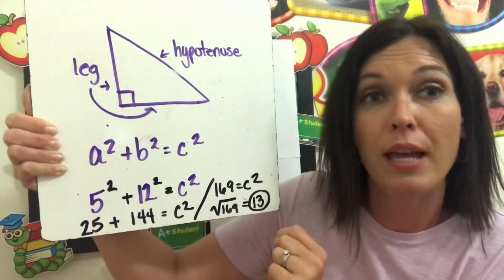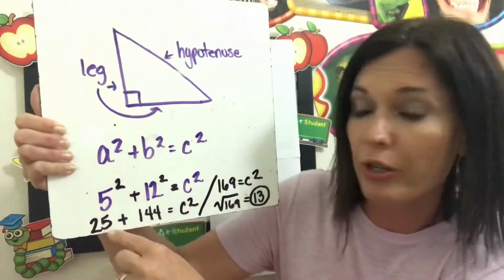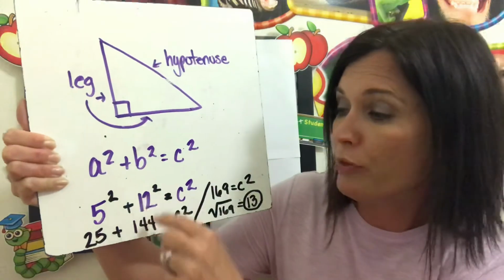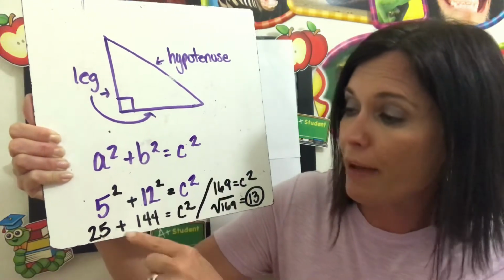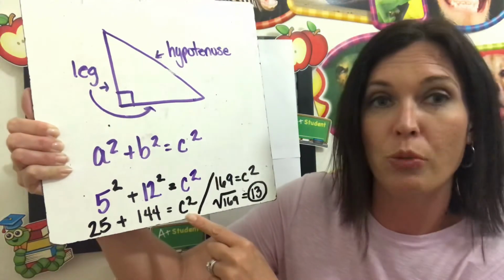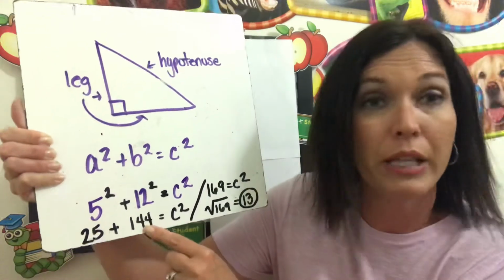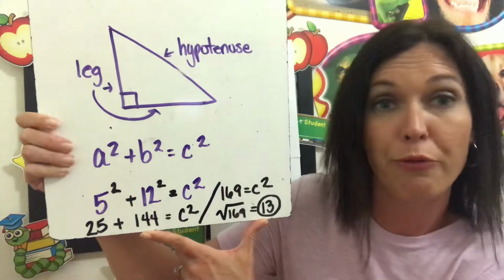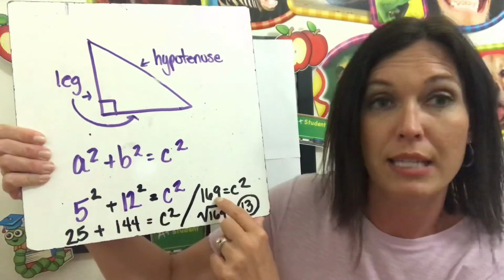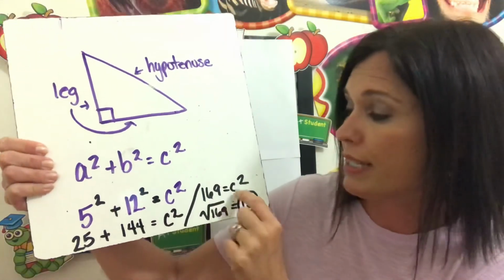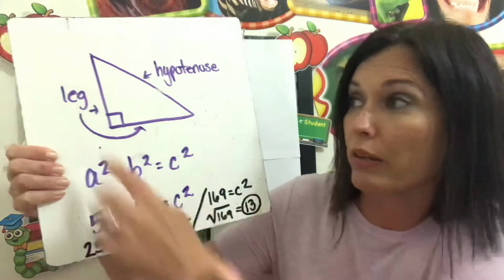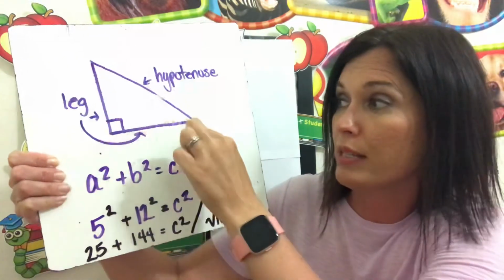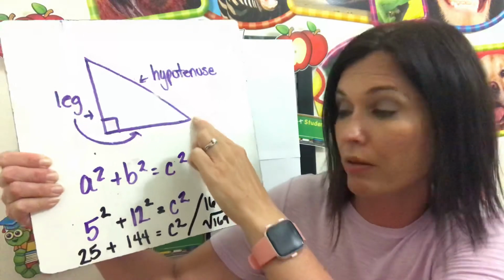Following PEMDAS, 5 squared is 25, 12 squared is 144, so 25 plus 144 is c squared. When I type that into my calculator, 25 plus 144, I get 169. So 169 is c squared.